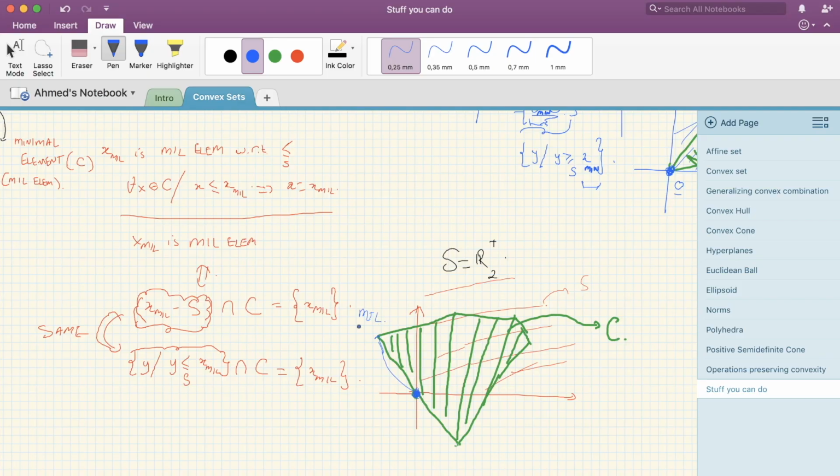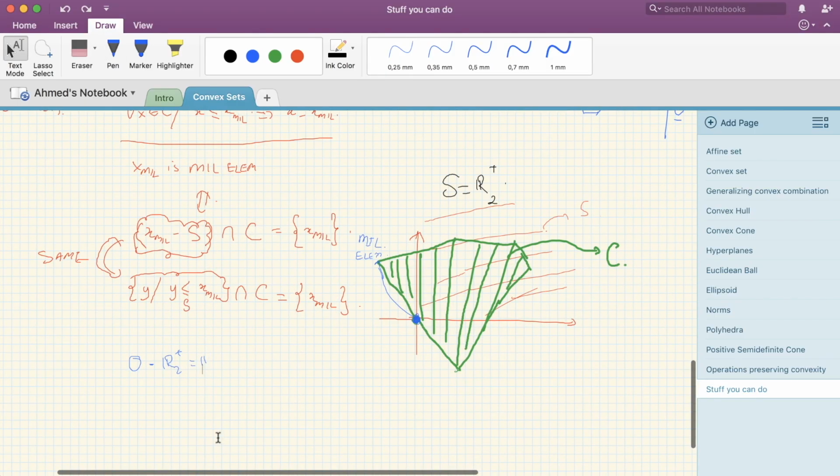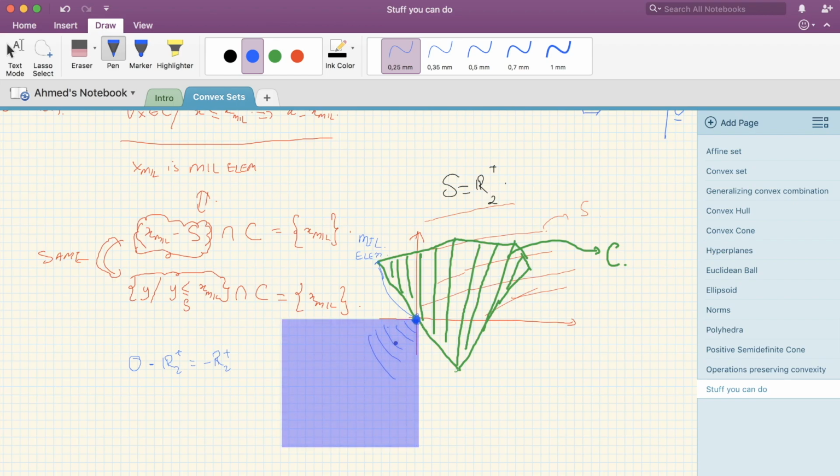And why is that? Well, let's shade the region defined by x_mil minus S, which is 0 minus R2 plus, which is minus R2 plus, and therefore it would be everything in this region. So everything in the third quadrant.